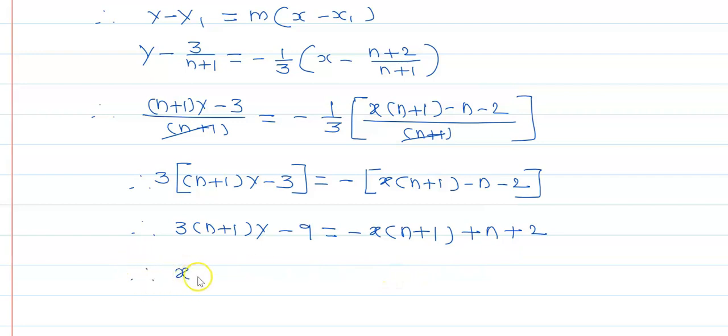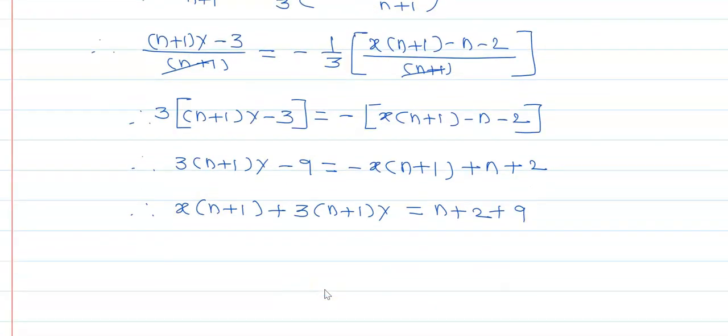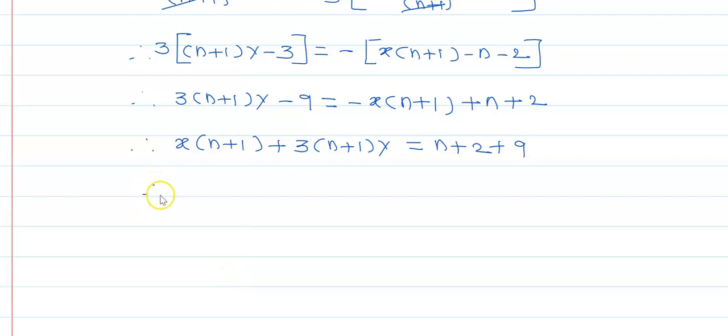Therefore, x(n+1) plus 3(n+1)y, and the simplification again, n plus 2 plus 9, and overall, therefore x(n+1) plus 3(n+1)y is equal to n plus 11.